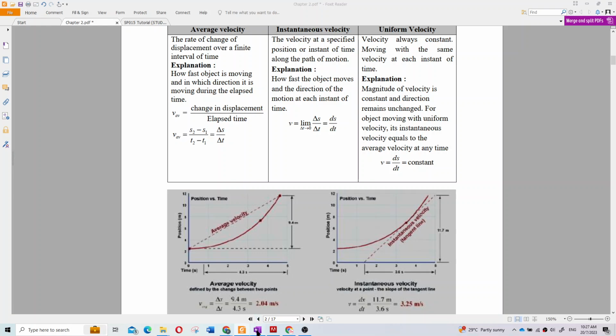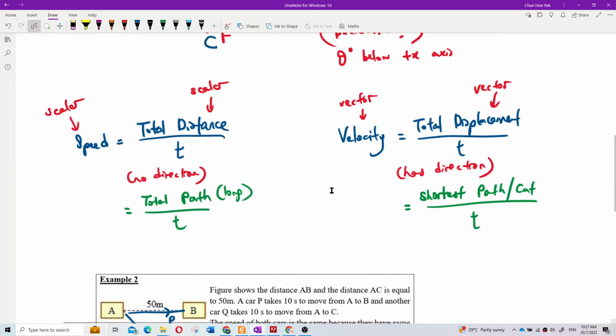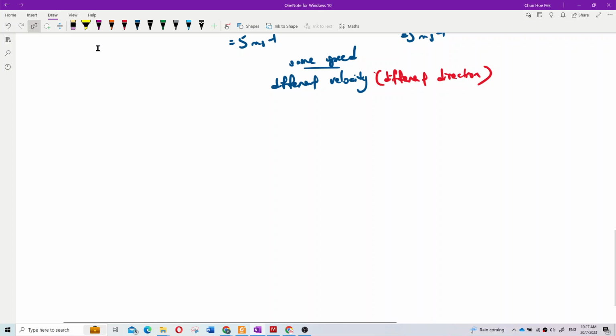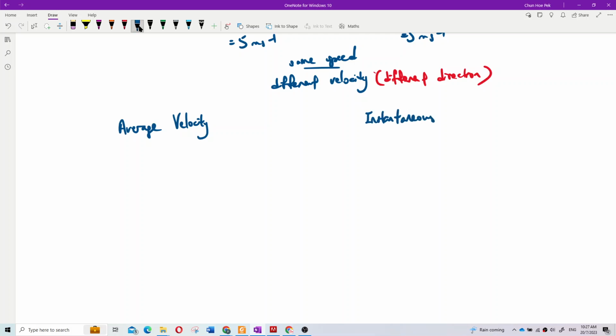In short, I can write it this way. Apakah beza antara average velocity and instantaneous velocity? Apa beza dia, kelas?